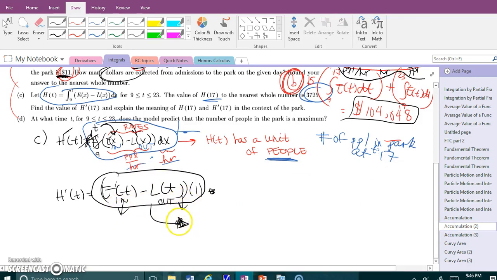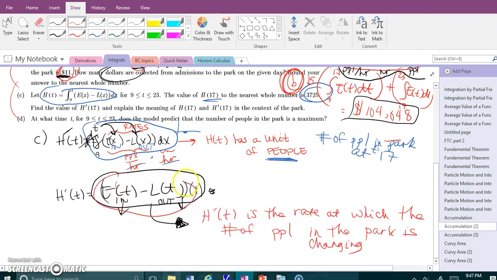If you don't know what those rates are and you're just someone standing at the entrance of the park watching, the combined rate would just be the total rate at which the number of people in the park is changing. I'm going to write that down. So again, you combine your rates and you end up with an overall rate. It gives you the rate at which the number of people in the park is changing, assuming you don't know the details. It's just the overall rate.